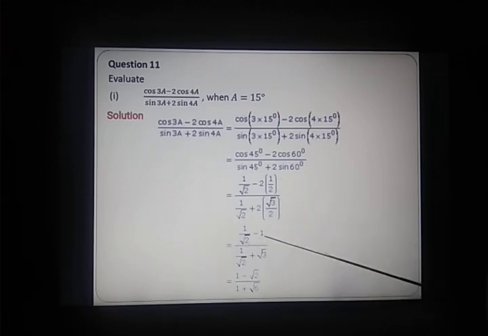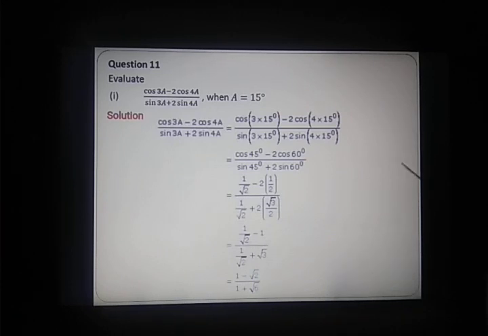So 1 into root 2 is root 2. 1 into root 2 into root 3 is root 6, so 2 and 3 get multiplied, so 2 into 3 is 6. Now root 2 in this and root 2 in this, numerator and denominator get cancelled, so you'll get this as your answer. So your answer is this much.